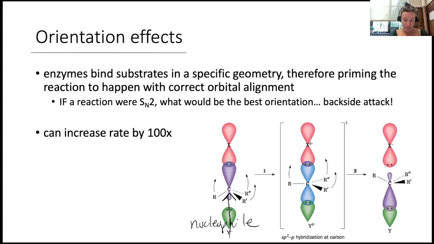You see how these orbitals are aligned with each other, right? If that nucleophile instead had been coming in from the side, it would not have been in alignment with any orbital to form a bond, so no reaction could happen. So what enzymes do, not only are they bringing these substrates close together, they are aligning them so that when they bump, the reaction can happen. And this increases rates by 100 times.